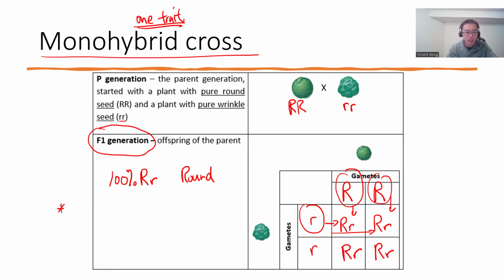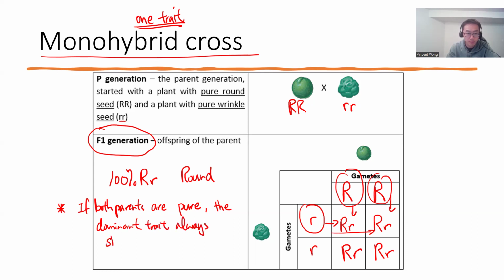Okay, so here's an important thing to remember. If both parents are pure, the dominant trait always shows up in F1.